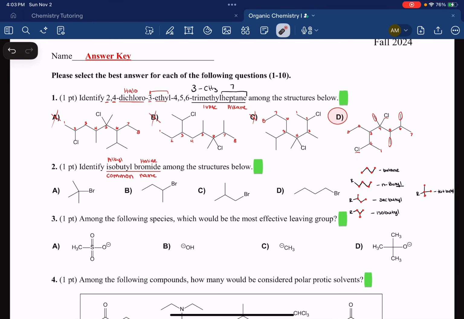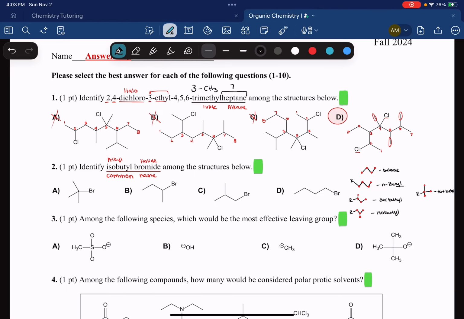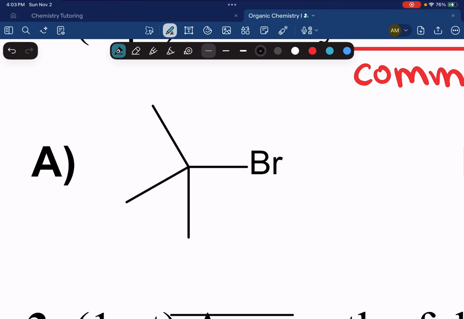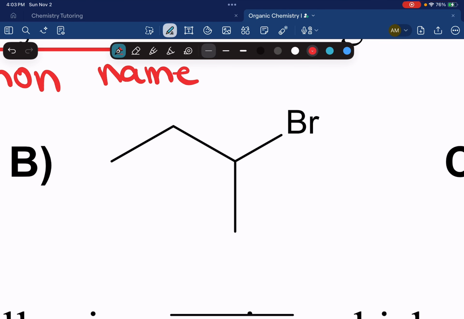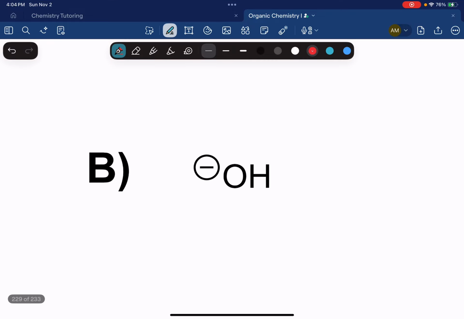Okay, now that we know them, should be spotting much easier, right? What is this guy? Chicken feet. That's tert. What's this guy? He's intersecting a 4-carbon chain.